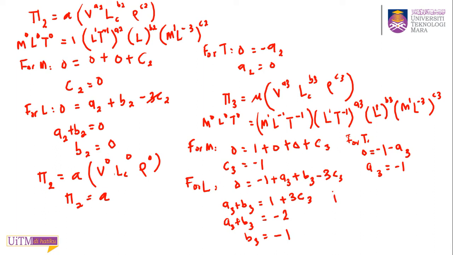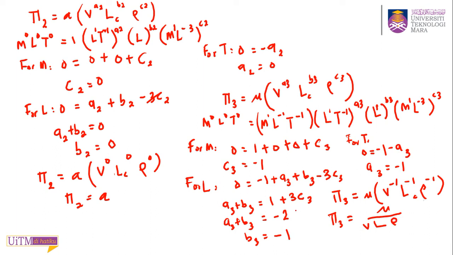Now your pi 3 will equal mu times V to the minus 1, L to the minus 1, rho to the minus 1. So you can write this as pi 3 equals mu over V L rho.